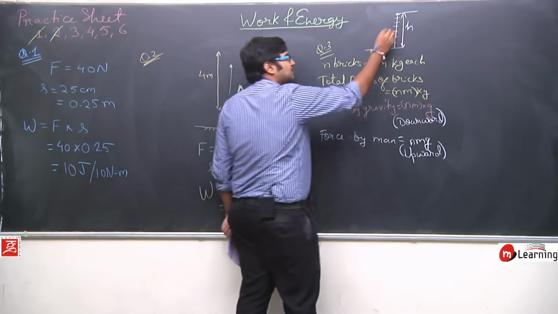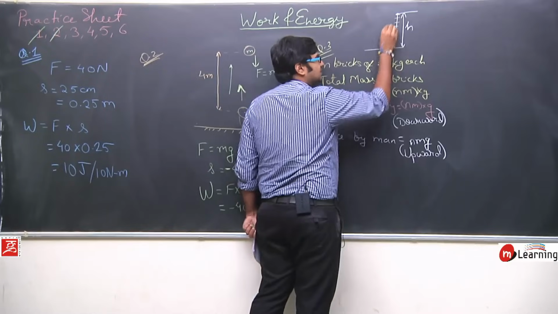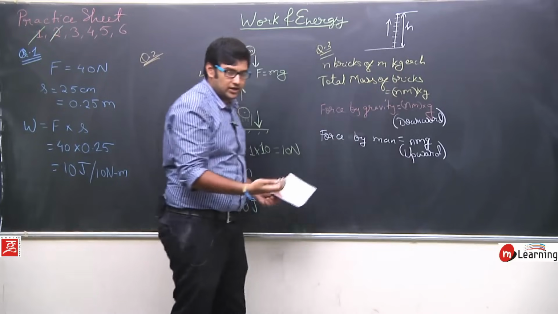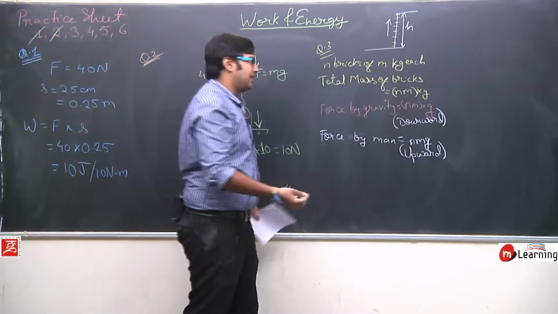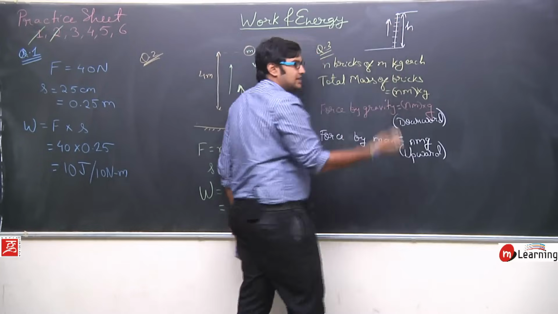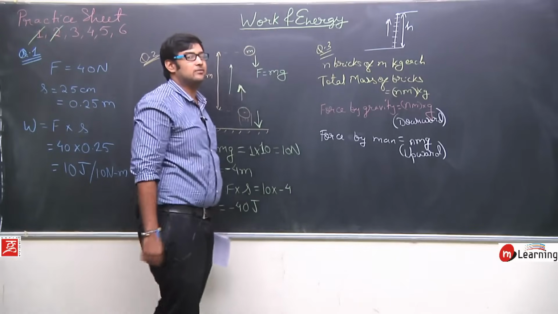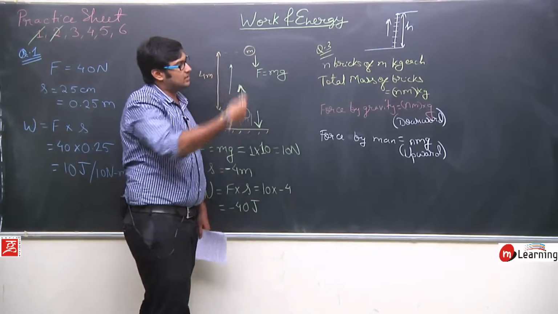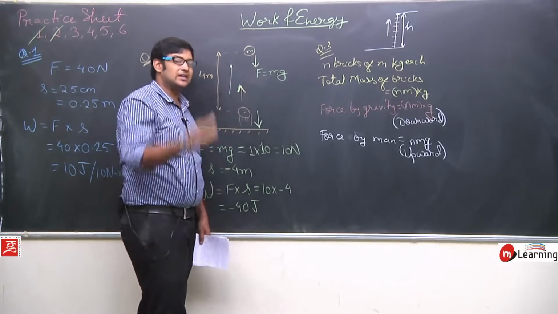Now the man is applying the force on the bricks in the upward direction to hold them in his hand, and he is also taking the bricks upward, that is to move them h height above. To climb this ladder he is moving in the upward direction.